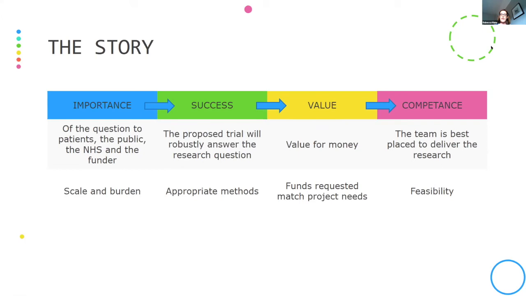And then finally, it's about competence. And this is about making sure that you are able to sell the idea that you are a team that can deliver this trial, that actually what you're doing is feasible, and that's slightly different to a feasibility trial, but actually that you've got all the elements together to actually conduct the trial in question.